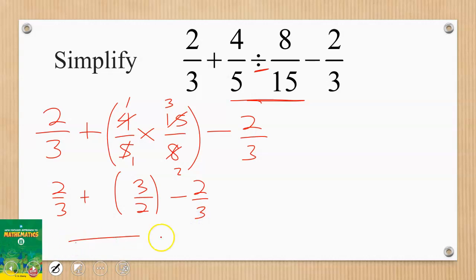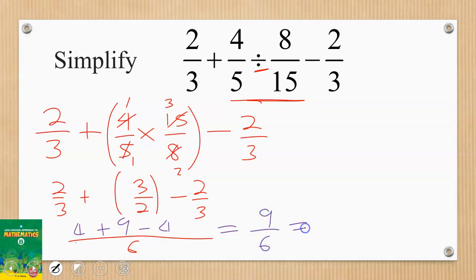So finding the LCM for all of this will be 6. 3 can divide 6 as 2 times 2, 4, plus 2 can divide this as 3 times 3, 9, minus 3 can also divide as 2 times 2, 4. So I have 4 plus 9 minus 4, which will give me 9 on 6.